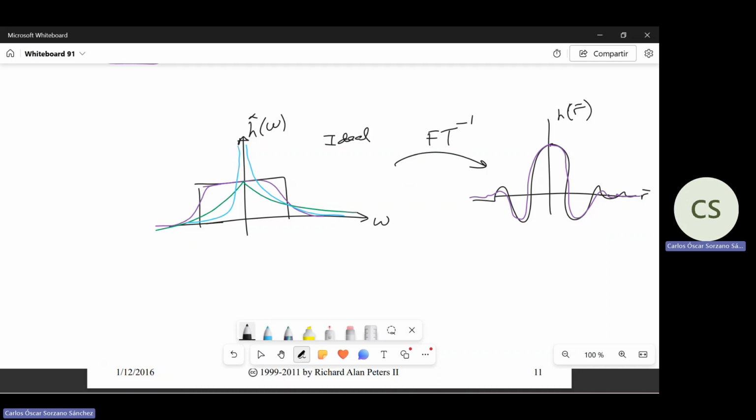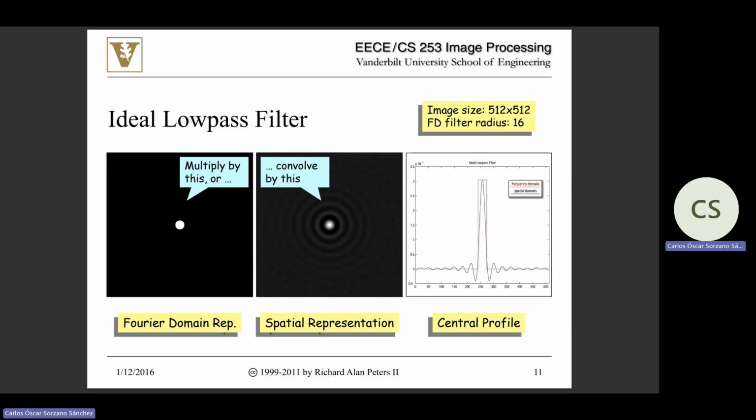I didn't put numbers, but the height is 1. This is called the cutoff frequency, the frequency at which it goes to 0. So this circle here is like the 2D version of this step function that I drew in one dimension.